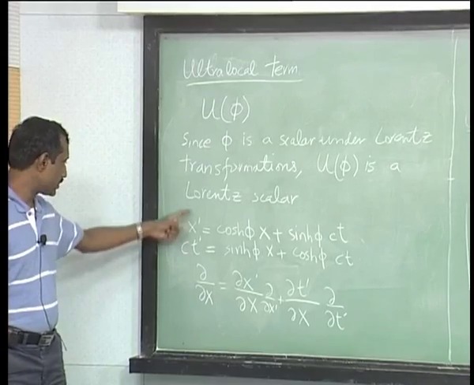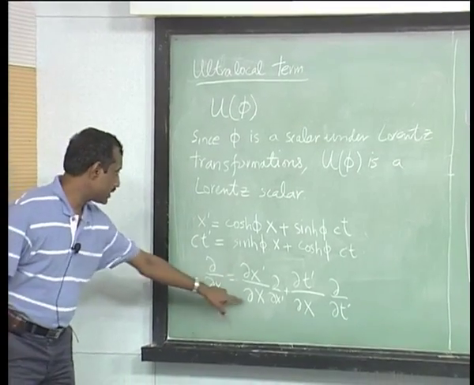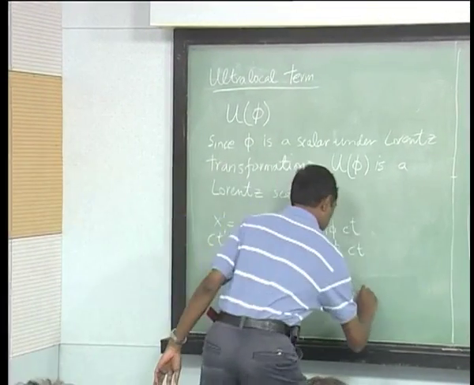So, we can just look at these. So, dx prime by dx is just cos hyperbolic.